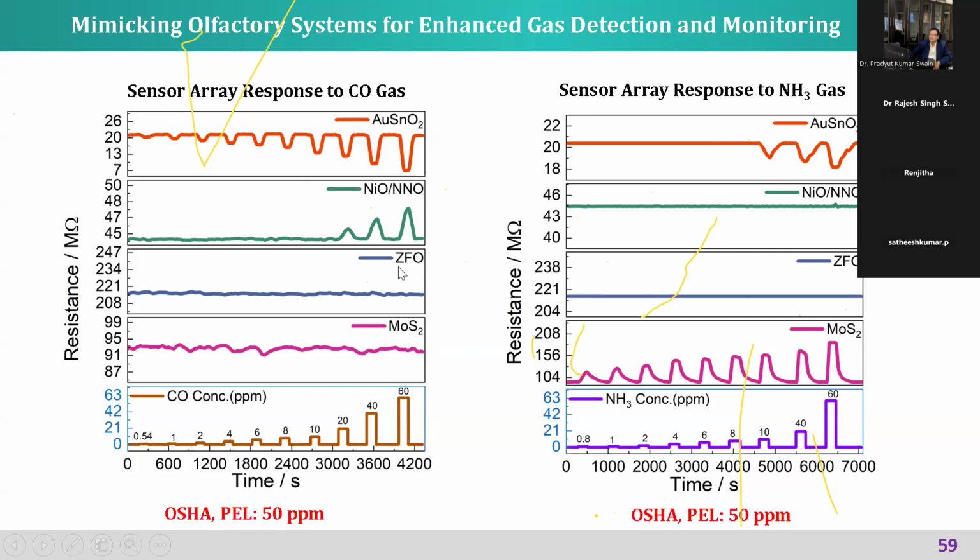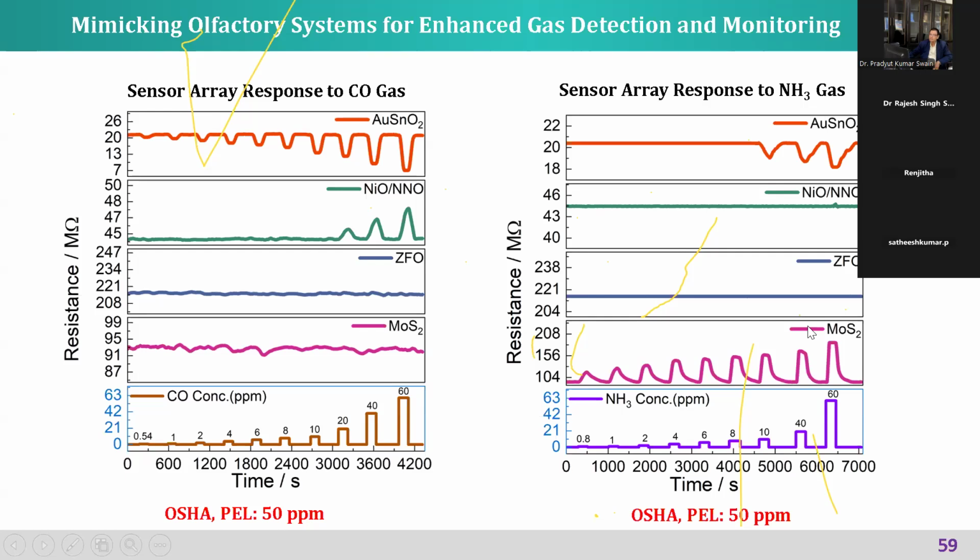This is how we vary the concentration and how the sensor response changes. Similarly, this is for CO gas, and this is for NH3 gas, with increasing pulses of concentration exposed to the 4 different sensors.